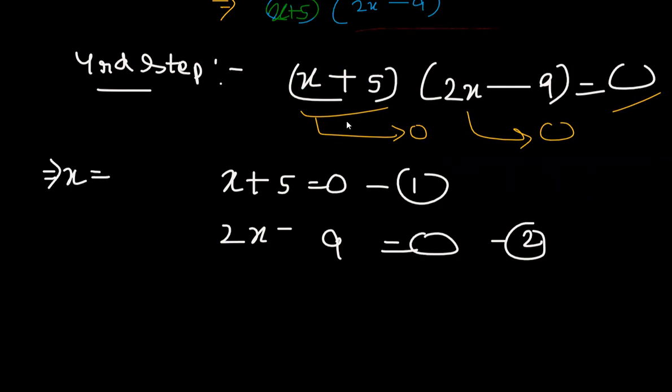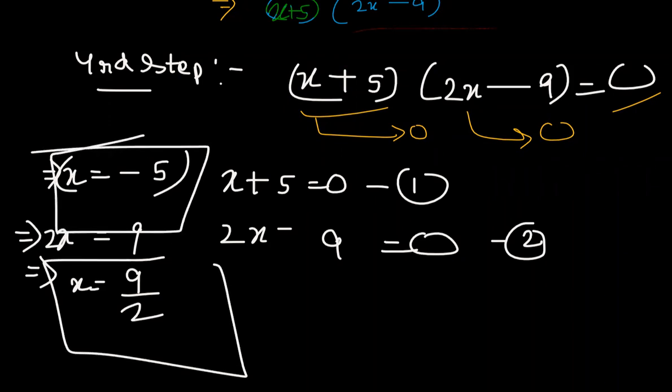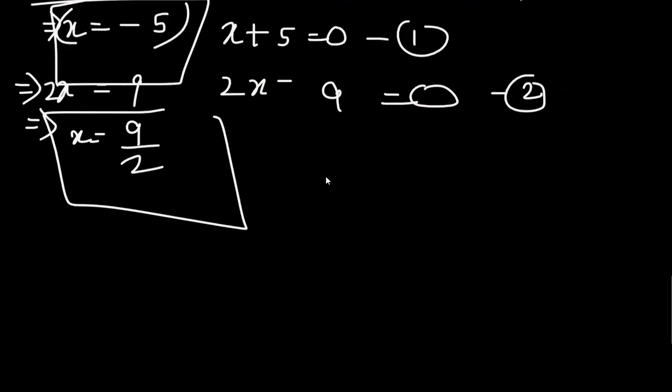First equation value will be x equals to minus 5. Second equation, 2x equals to 9, so x equals to 9 by 2. Very simple. Now we have found the roots. Lastly we will write: the solution is also known as roots.